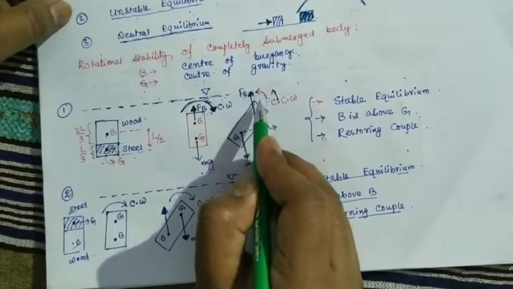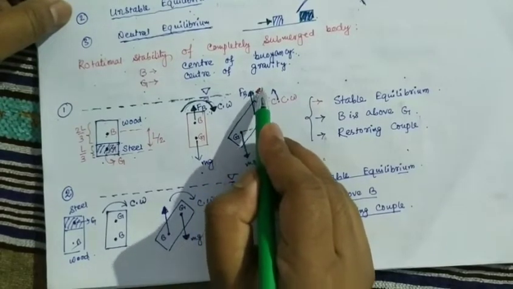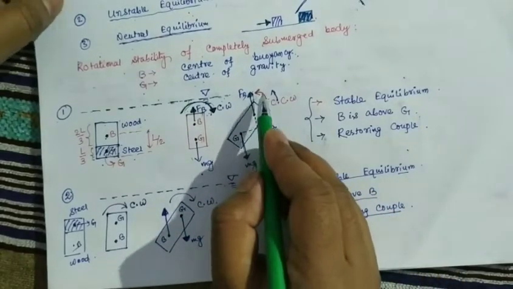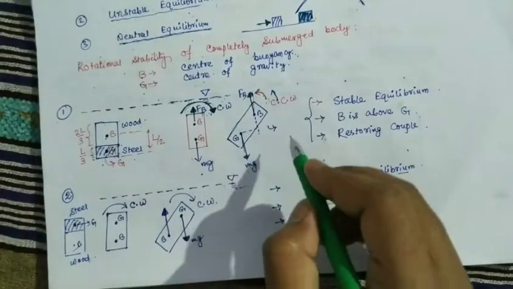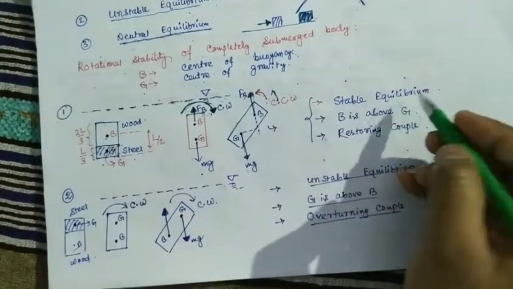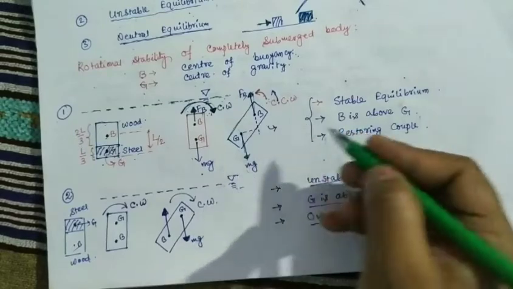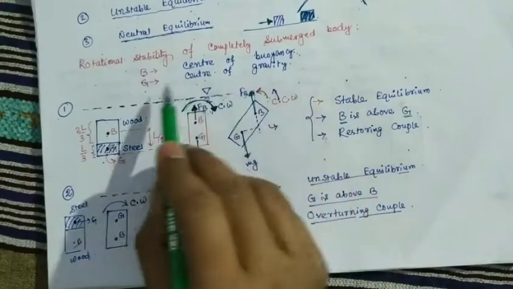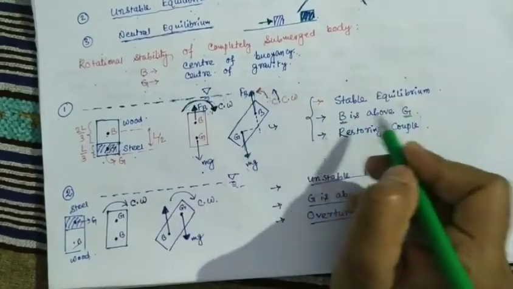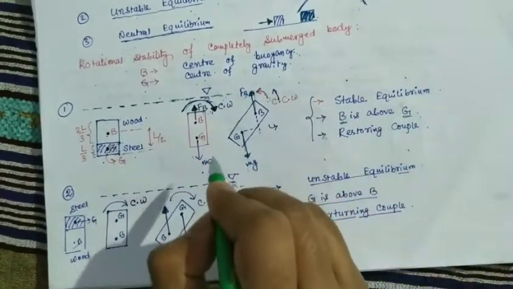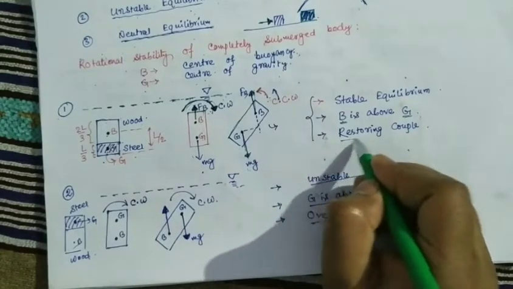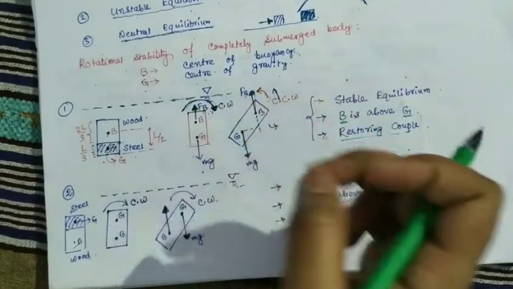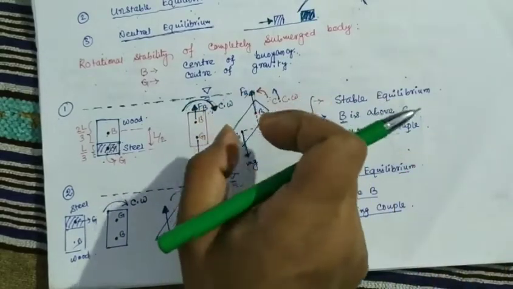So it is stable equilibrium, and it happens when B is above G, where B is the center of buoyancy and G is the center of gravity. There must be a restoring couple which opposes the clockwise rotation.